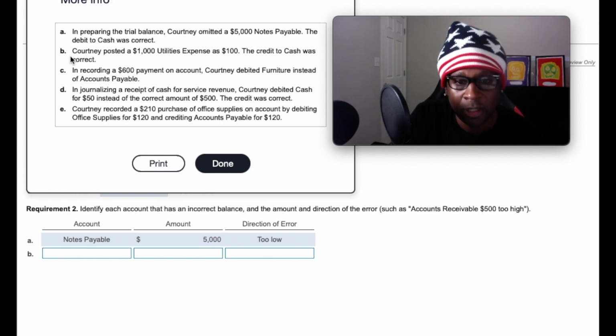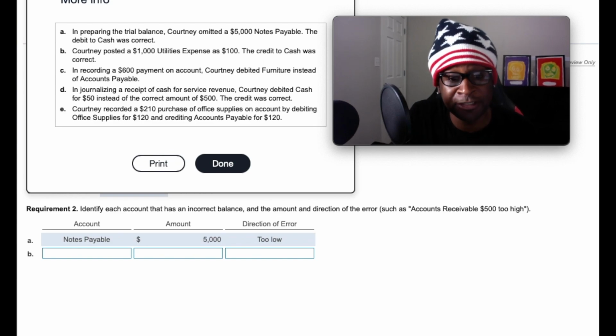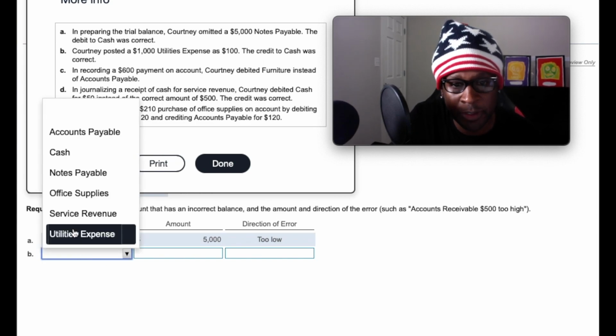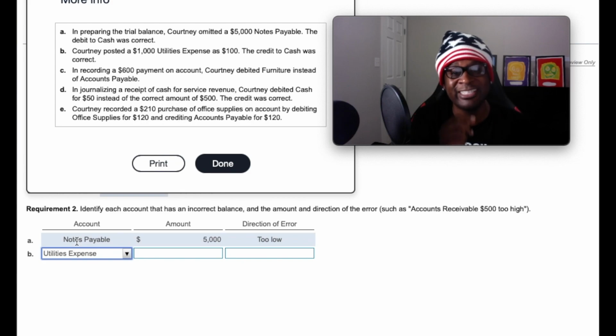Moving on. Courtney posted a $1,000 utilities expense as $900. The credit to cash was correct. Okay, the only account that was affected in B, again, gang, was utilities expense. And what do we know about a utilities expense? Utilities expense was recorded at $900 instead of $1,000.